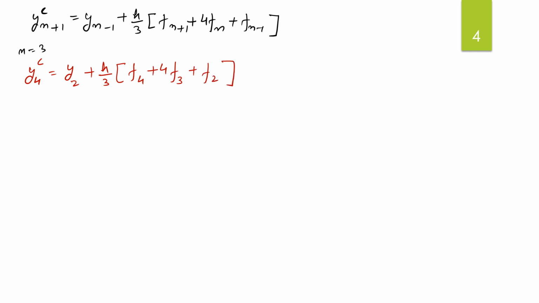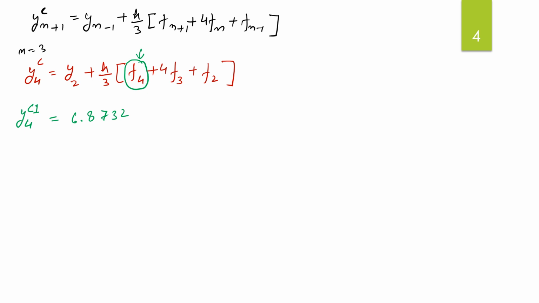For the value of f4, we use the predictor formula. Previously we have calculated y4, so that y4 will be used over here. By substituting these values, we get the y4 corrected value equal to 6.872. This is the first corrected value, C1.